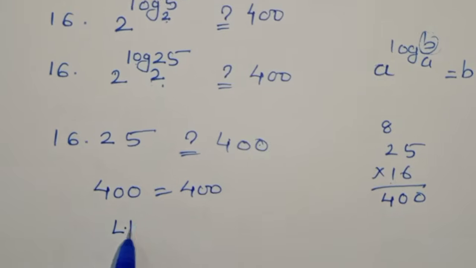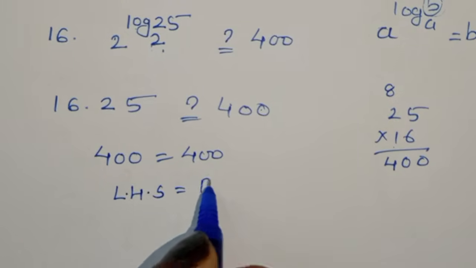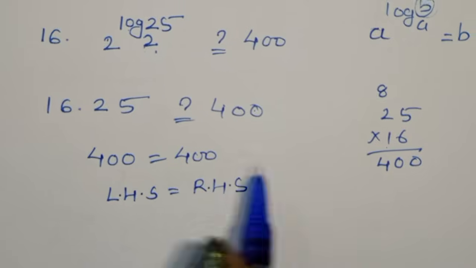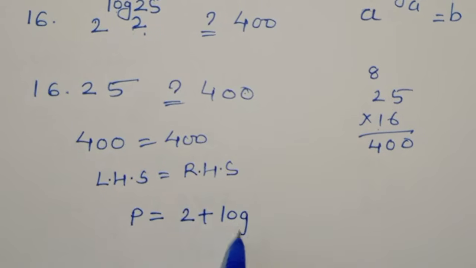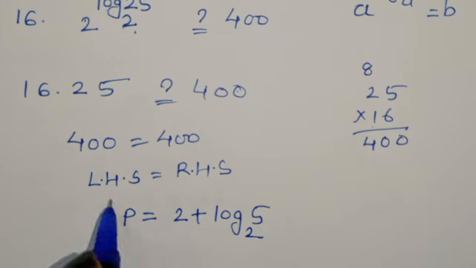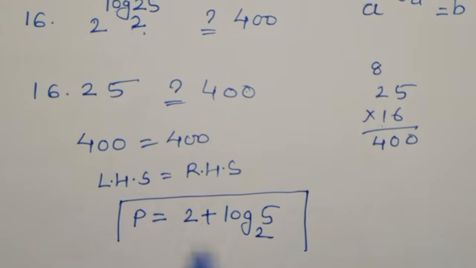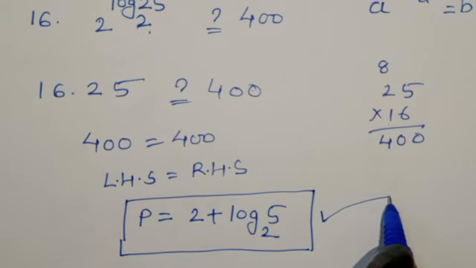So we can say LHS is equal to RHS. So the value of p is equal to 2 plus log of 5 to the base 2. This is the correct value. It is verified here. Thank you.